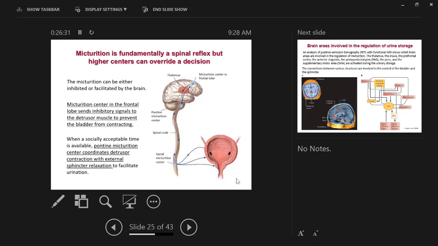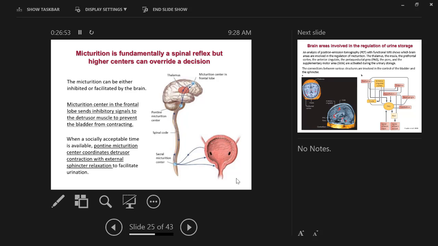By the way, the other one, the pons, is more like a coordinator, coordinating the detrusor contraction with external sphincter relaxation. So there are two major parts in the brain controlling this reflex.